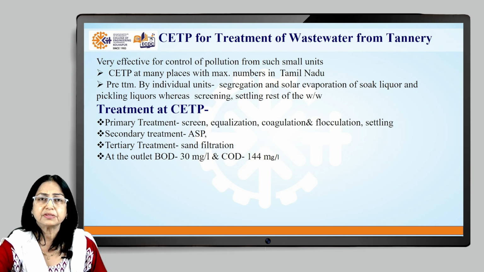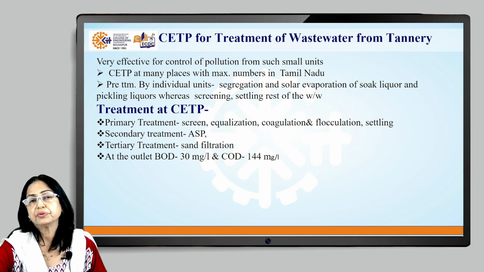Now, many tanneries are located in a small cluster or some industrial estate. An individual tannery is small scale and cannot afford full-fledged treatment. But there are multiple units and collectively the wastewater is so hazardous in nature that it cannot be disposed of.